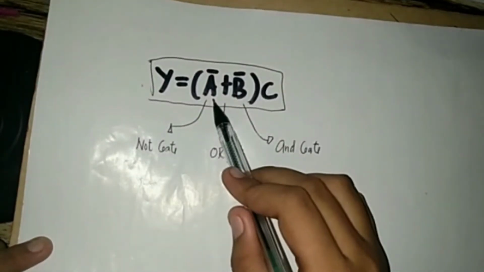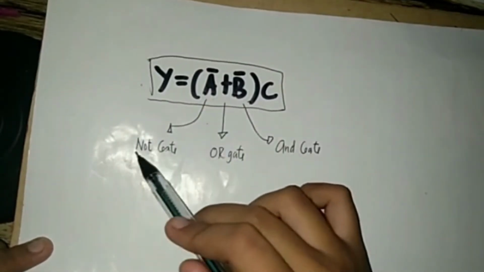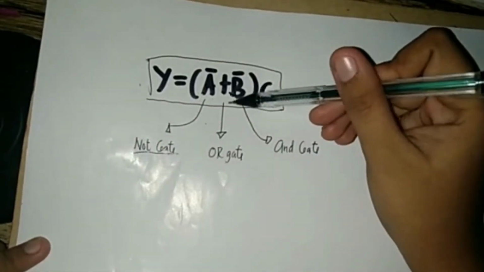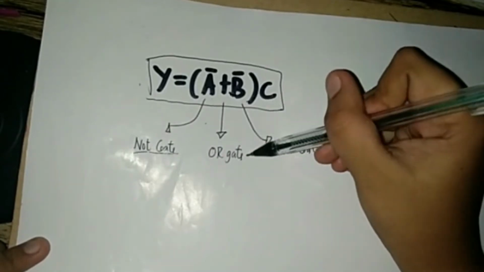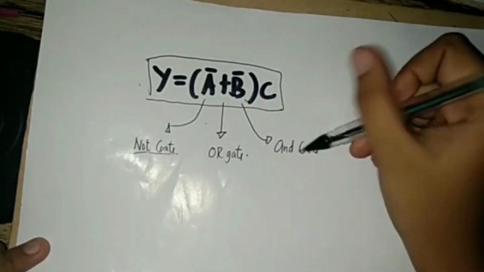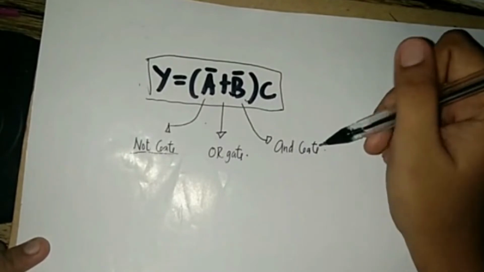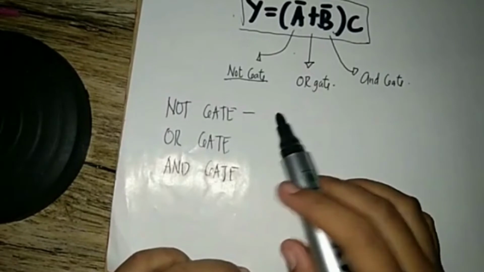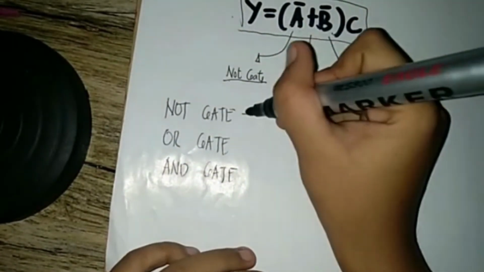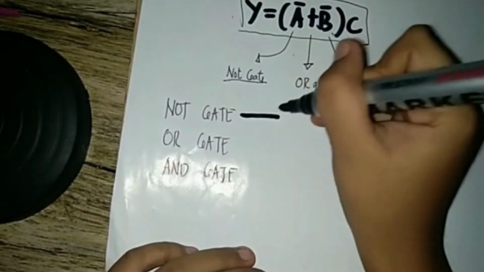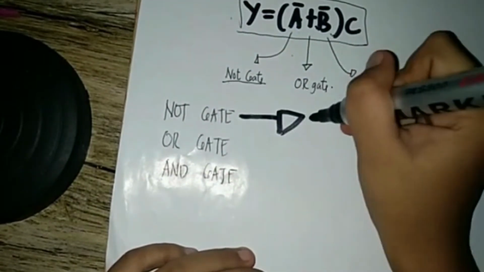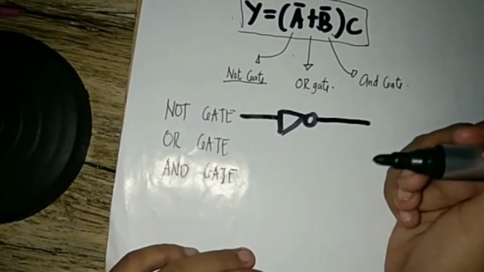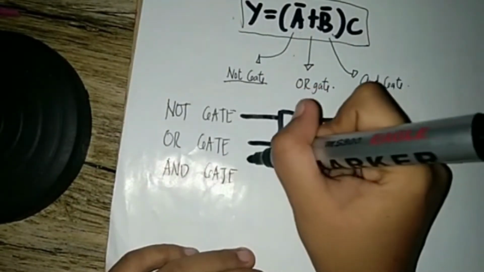So A bar represents a NOT gate. The plus represents an OR gate. And the B represents an AND gate. So for the NOT gate, this is its design or symbol, with a circle. So the OR gate is this.